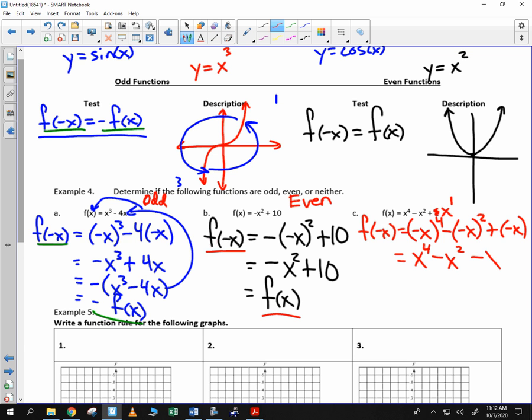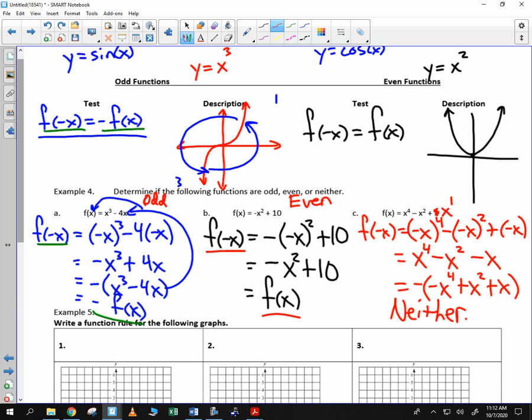And then it's a minus x. The question is, is that the same as what we started with? No, it's not. Try factoring out a negative. Negative x to the fourth plus x squared plus x. Is that the same as what we started with? No, it's not. So it is neither even nor odd.